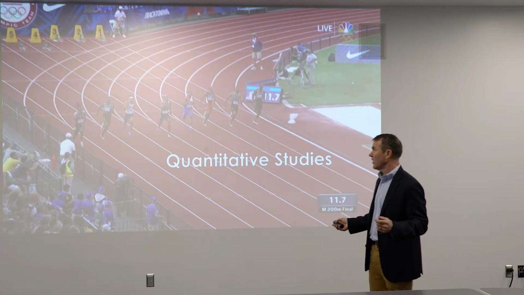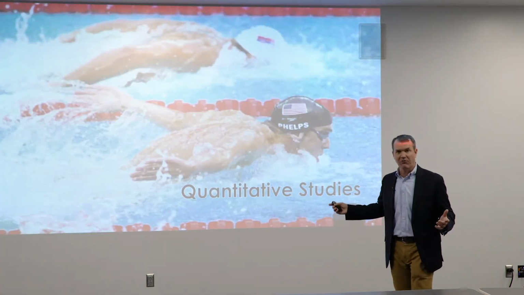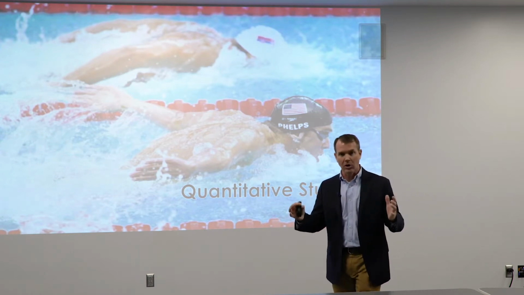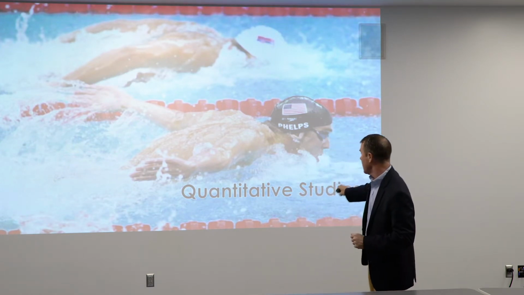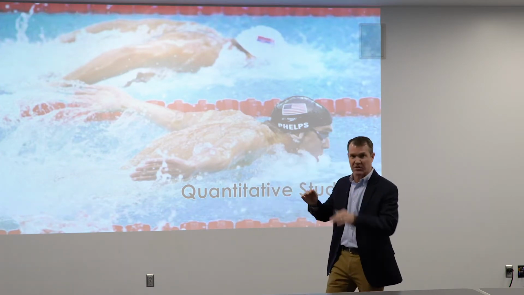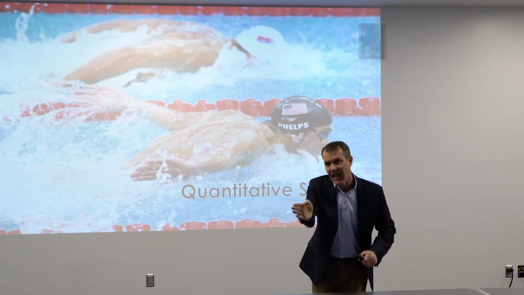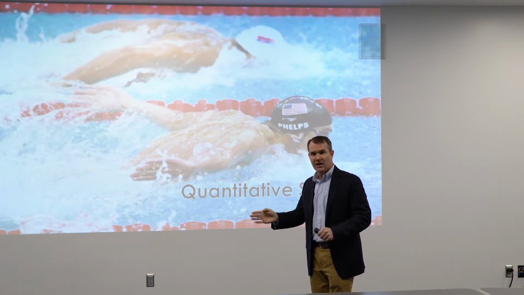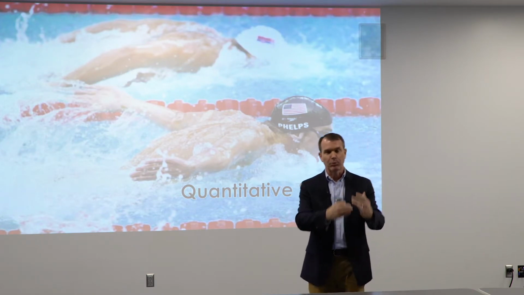We see that also in an event like swimming, when we see the swimming of Michael Phelps, who, as we know, won more gold medals at that time. Of course, Simone Biles will surpass that this year. But quantitative studies, they have to hit the pad. They're swimming, they hit. They can quantify when the race started and when it ended. That's the way quantitative studies work as we are proving them.